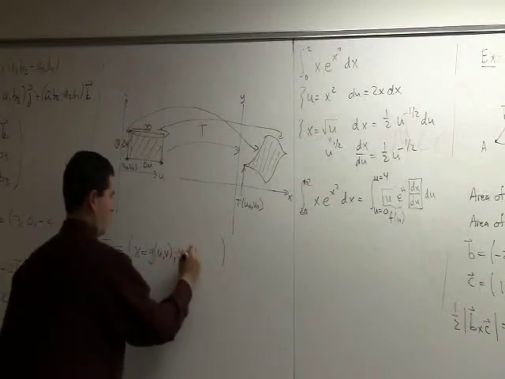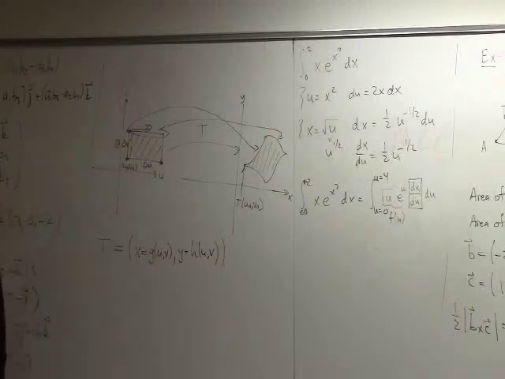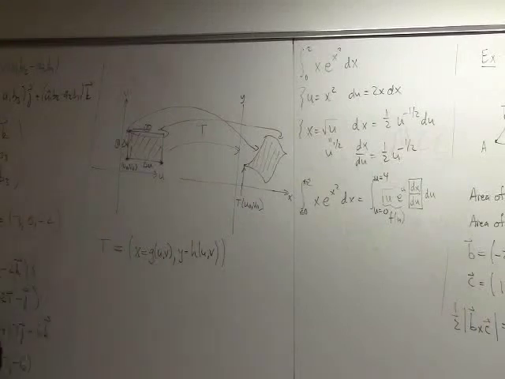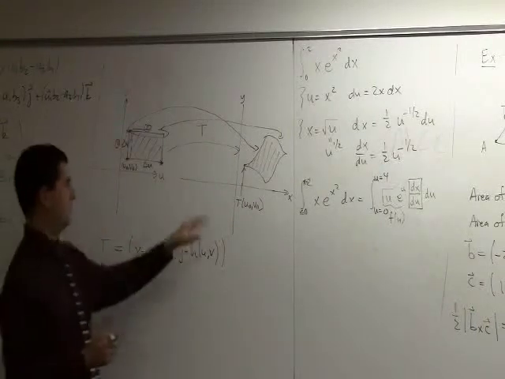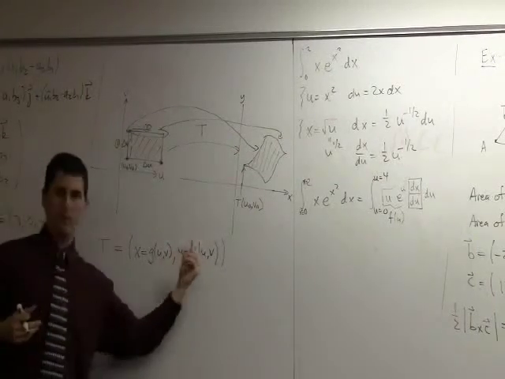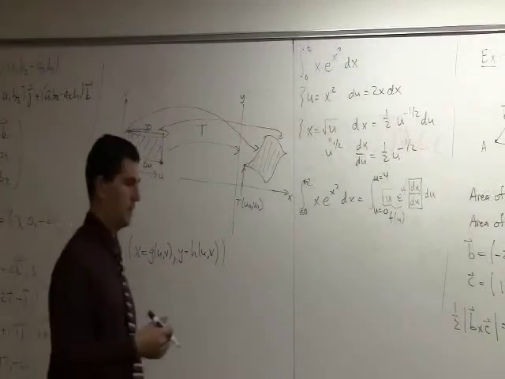And the y-coordinate is going to be given by, say, a function h of u and v. And you should think back to when we did the chain rule, where you had two functions and they're both given as functions of u and v. So this region is given in terms of x and y, but then x and y individually are functions of u and v. So you get these two things.